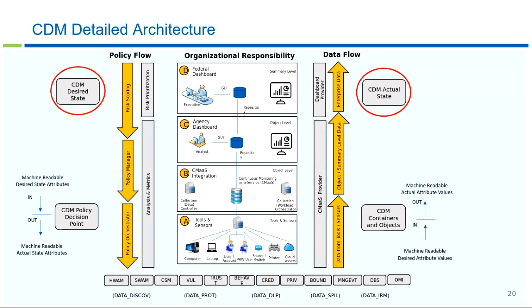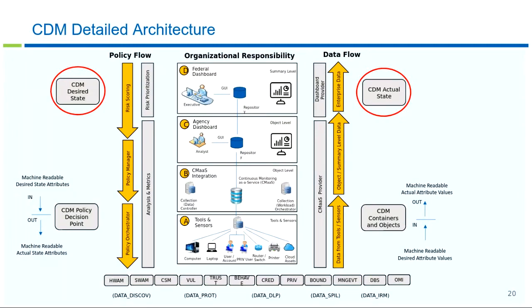And as that data or collected information gets from the bottom to the top, we come up with the actual state attributes. So we can now compare the desired state from the policy to the actual state from the data flow that was collected from the tools and the sensors.